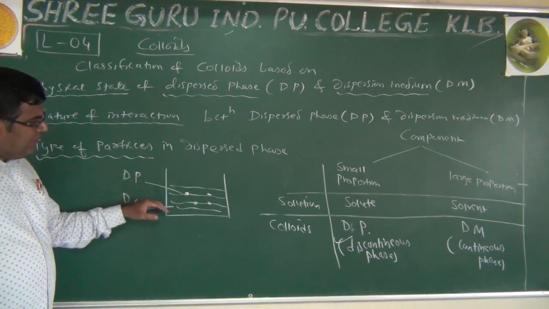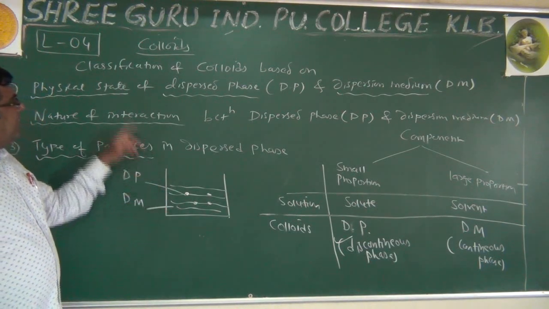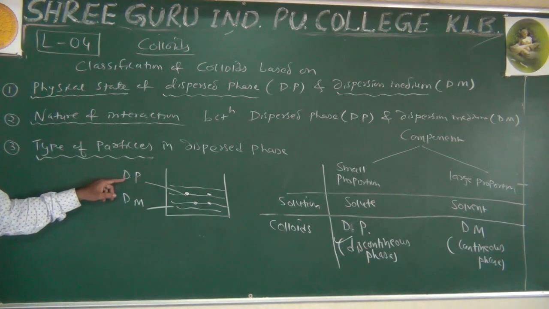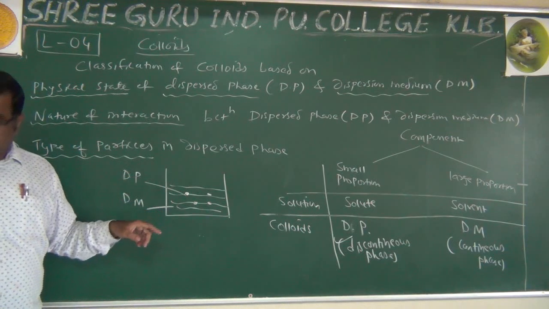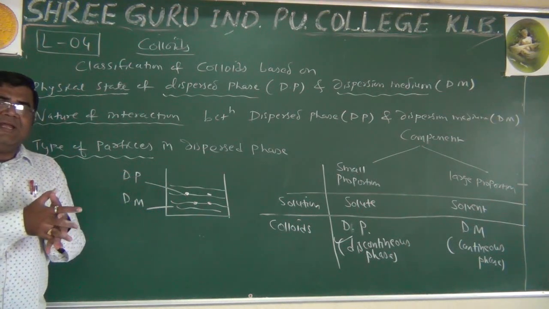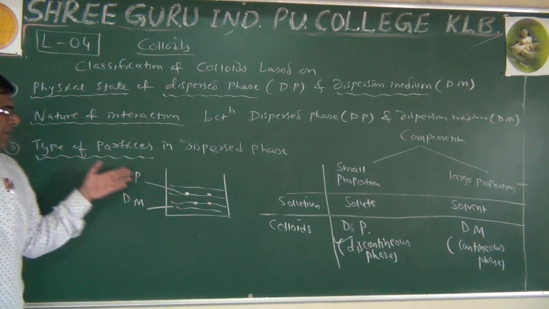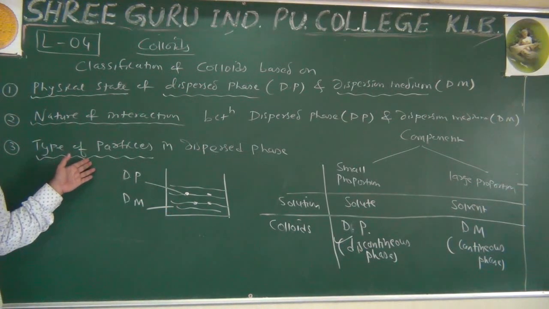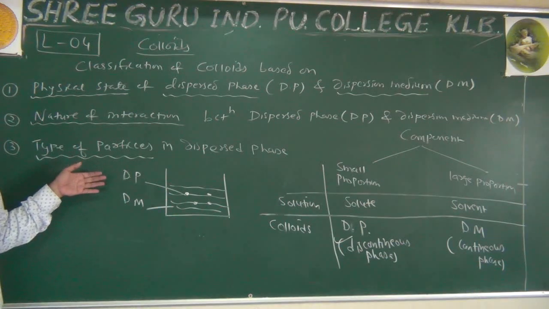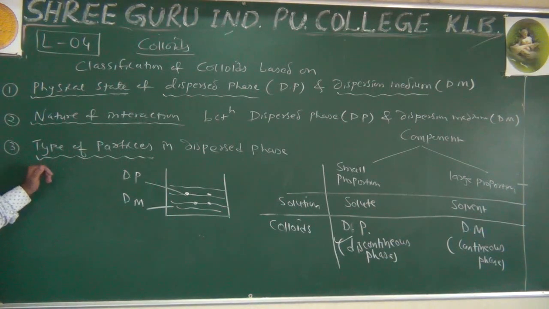And we have to classify colloids first on their physical state, solid, liquid or gas. Then their interaction, whether they attract one another or repel one another, and the type of particles. We'll see these when we learn that type of classification.